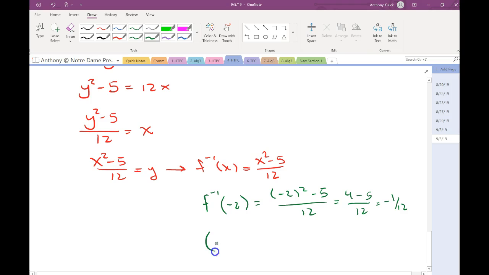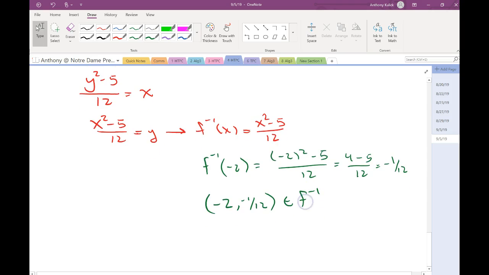So what that tells me then is the point negative 2 comma negative 1/12 is in the set f inverse, right? That's a point on f inverse. So that would tell me then that negative 1/12 comma negative 2 is a point in f.